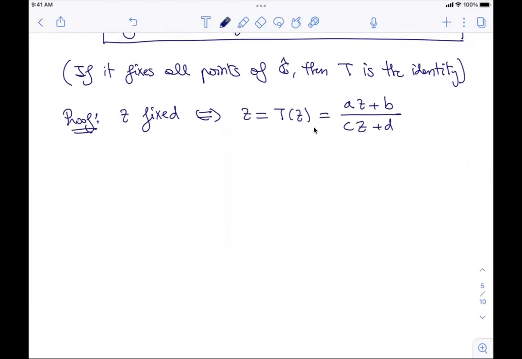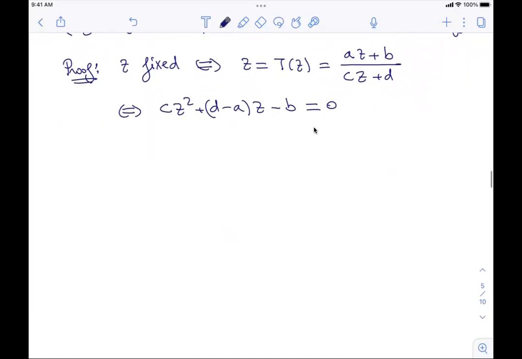Okay, but then moving this to the other side, we find out that this reduces to a quadratic equation. So this is cz² + (d - a)z - b = 0. And here we just need to see how many solutions we have.